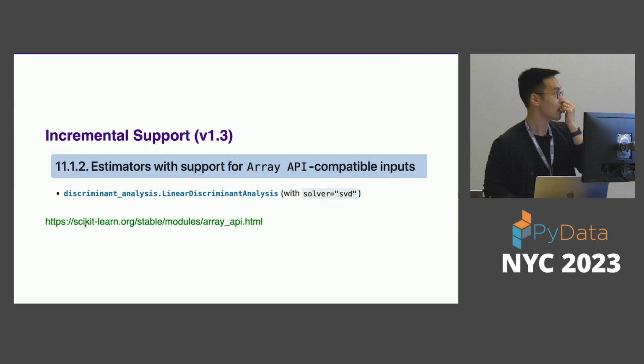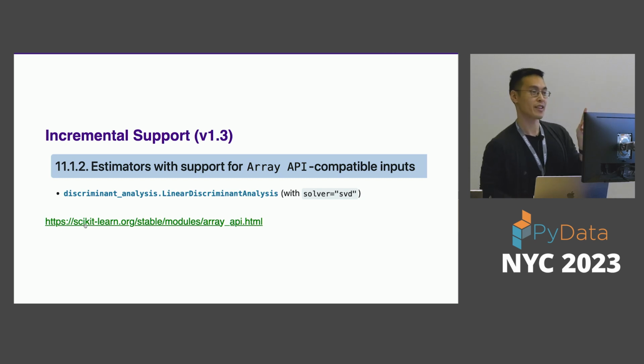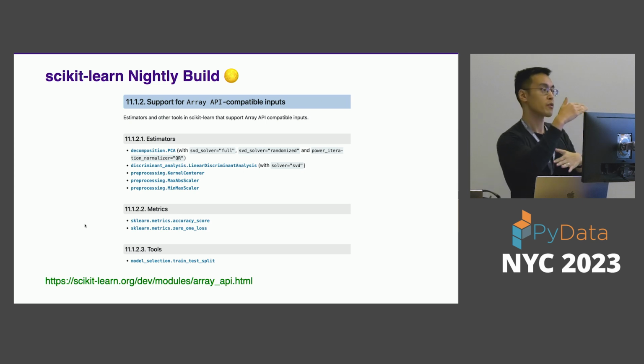That's the API. Now, the support is very incremental because we want to make sure that this is the direction we want to go. At one point, we only had one thing supporting this, but it has been gaining traction over the last 6 months. The list is growing, and when we release Scikit-learn 1.4, there will be support for more things.